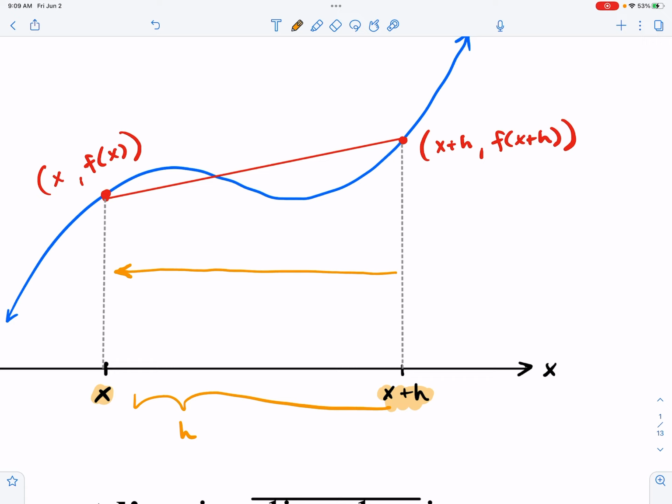Then the slope of your secant line would become closer and closer and closer to the slope of your tangent line, right?